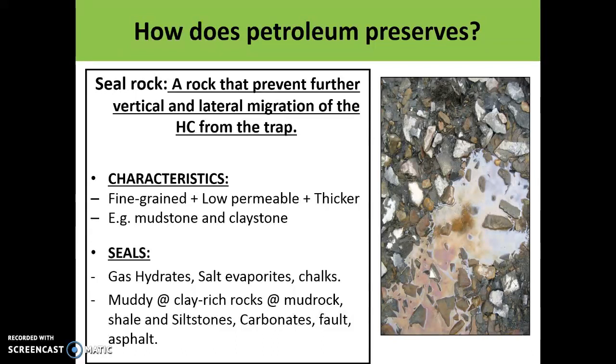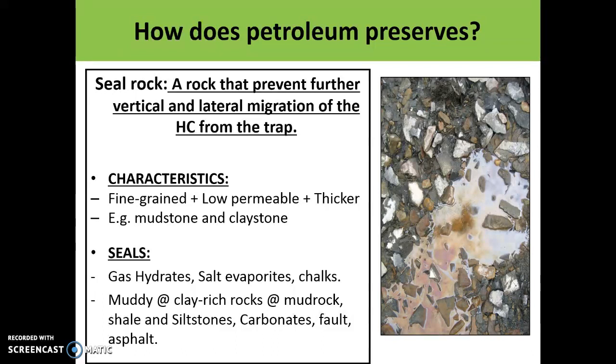So common seals, in order of importance, start from gas hydrate, salt, evaporites, and chalks that provide effective seals, but muddy, clay-rich rocks, mudrocks, shales and siltstones, which are very fine-grained sedimentary rocks, represent most of the seals around the sedimentary basins.